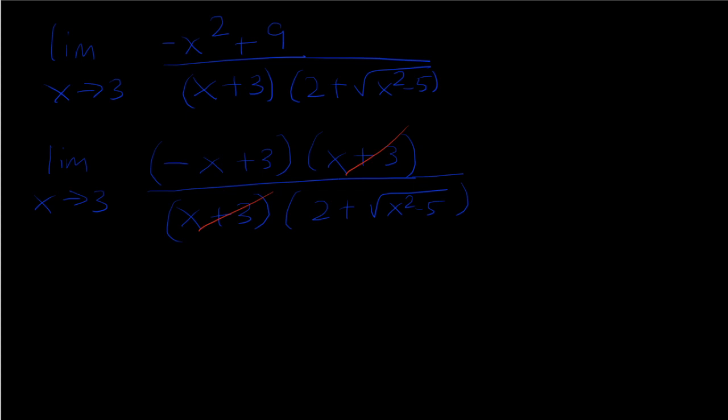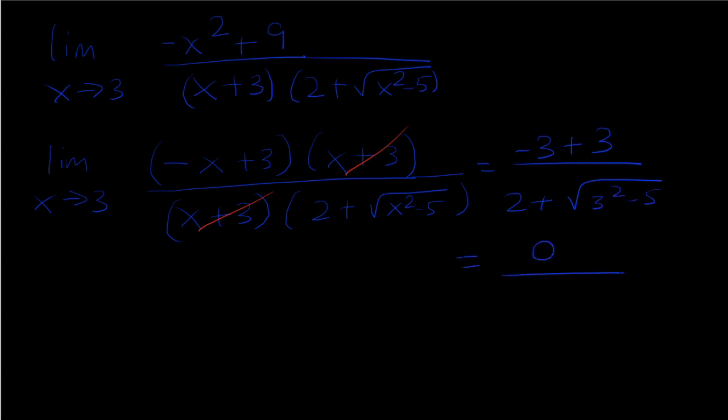And let's see, if I were to plug in 3 now, I get 0 over 0. So that's not good. Or actually, never mind, we do not get that. Let's try this again. If I plug in 3, at the top I get negative 3 plus 3, and the bottom is 2 plus the square root of 3 squared minus 5.